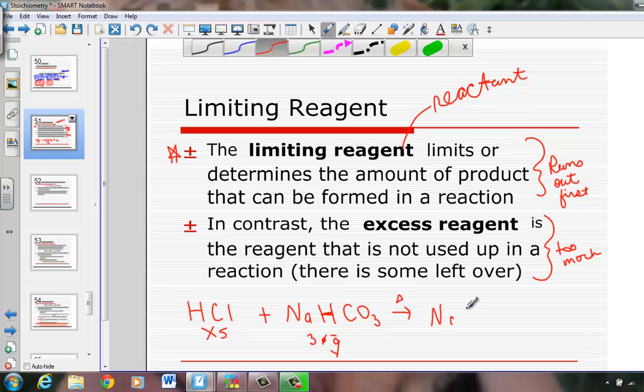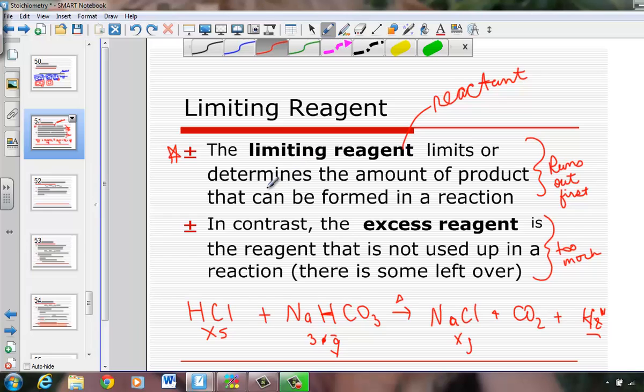When we made our sodium chloride, NaCl, we made bubbles of carbon dioxide, and we made water. At the end of our experiment, what we were able to do is just simply boil any of the water away and the excess HCl. What was completely consumed was sodium bicarbonate, and therefore it limited the amount of sodium chloride we would make in a reaction.